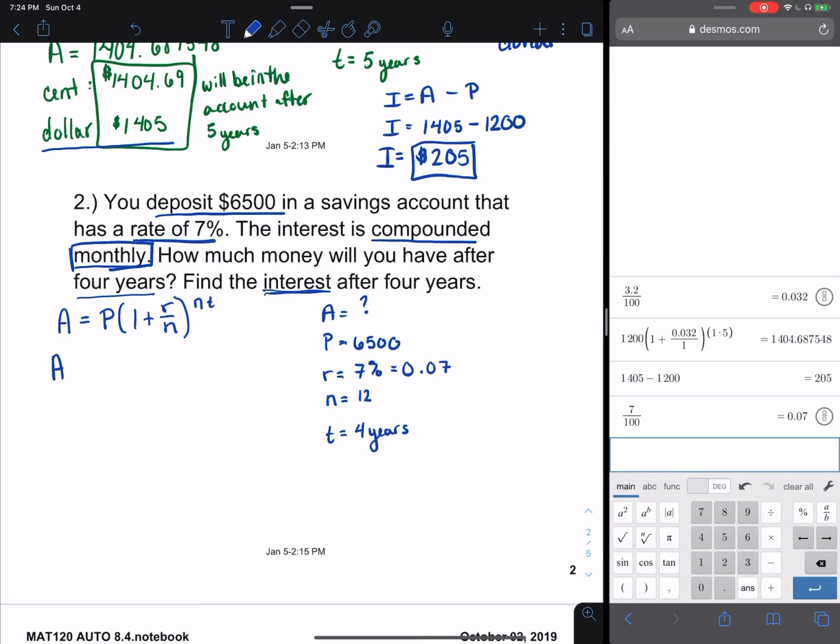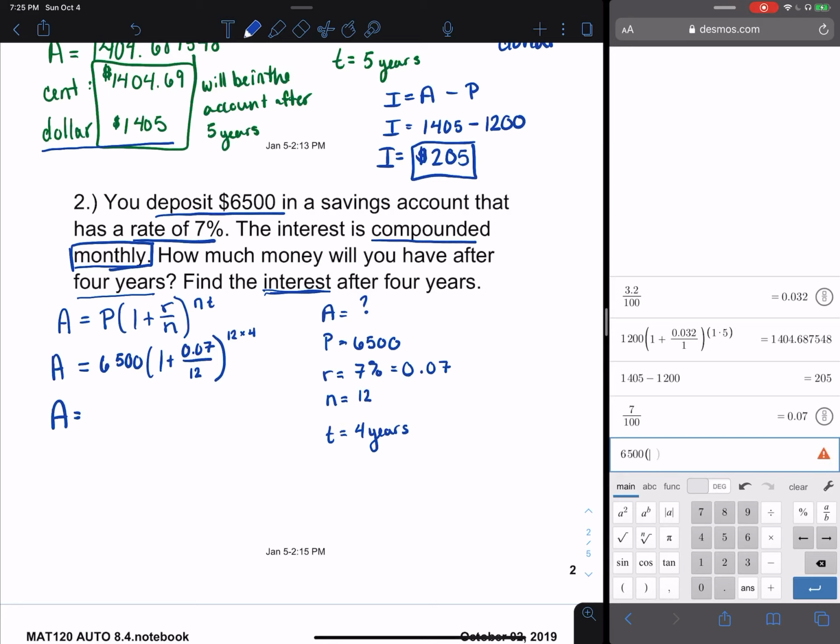After I figure out how much money I have, I can also find the interest after 4 years. So I have my future value is the principal, $6,500, times 1 plus the rate, 0.07, over N, so that 12, raised to the power of 12 times 4. When I plug this in the calculator, I have 6,500.